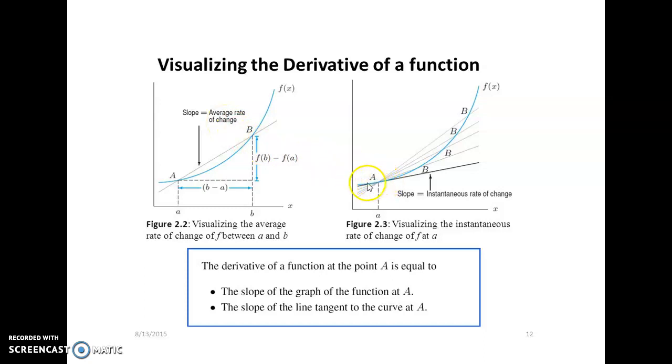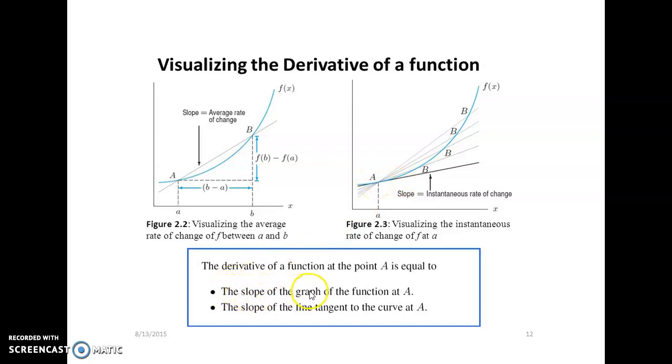But if I'm finding the slope of the tangent line, then I'm finding the instantaneous rate of change. The average rate of change is the slope of the secant line. The instantaneous rate of change is the slope of the tangent line at the point A.